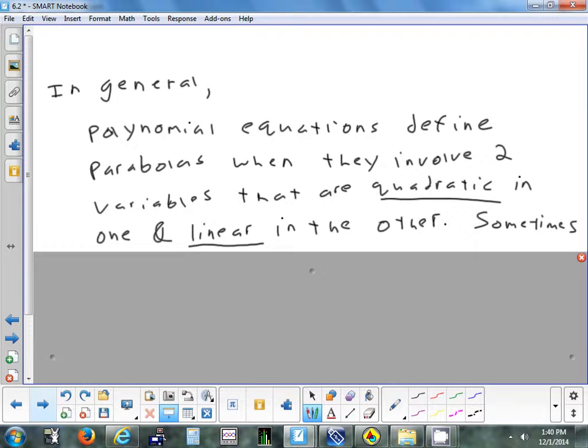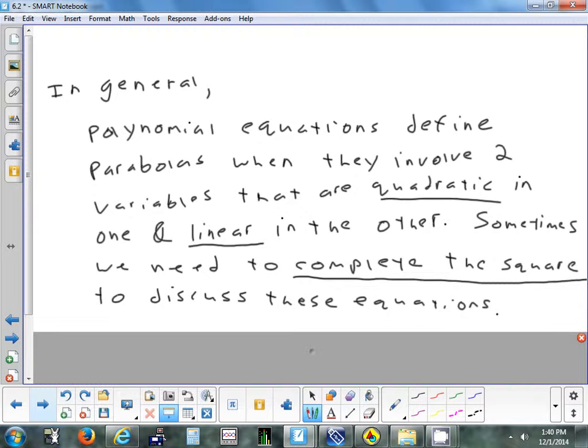If both variables have an exponent of 2, then we can get into either a circle, an ellipse, or a hyperbola, depending on other factors. But a parabola is the easy one to pick out because one variable is squared and the other one isn't.